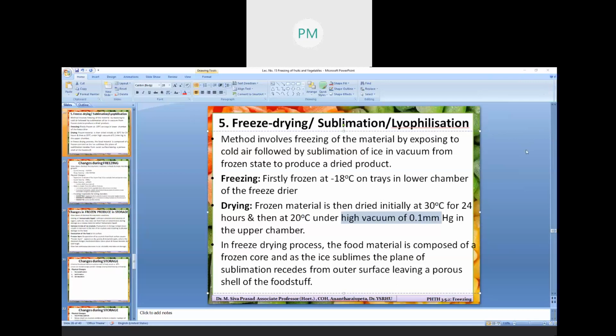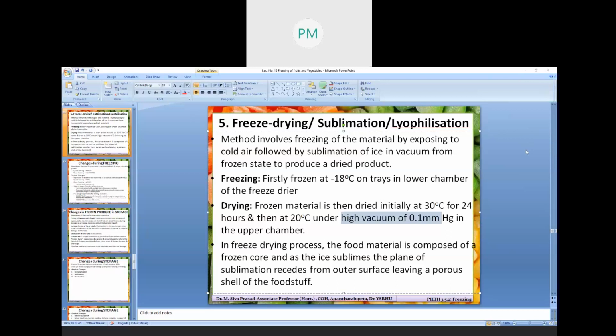So when the vacuum is created, that is pressure is reduced, temperature of evaporation, whether it decreases or increases? Increases, sir. Is it clear now? Boyle's law. It decreases.